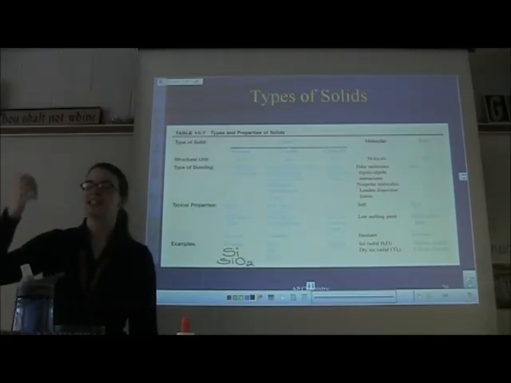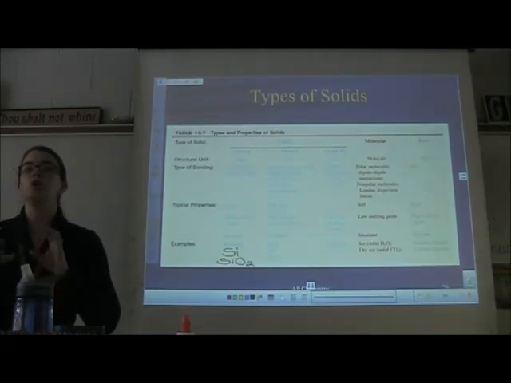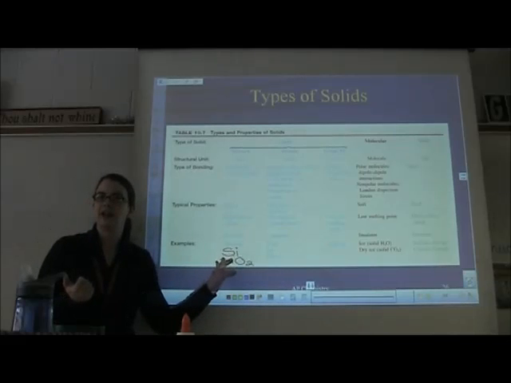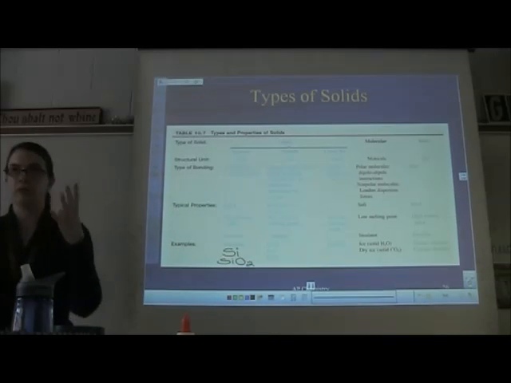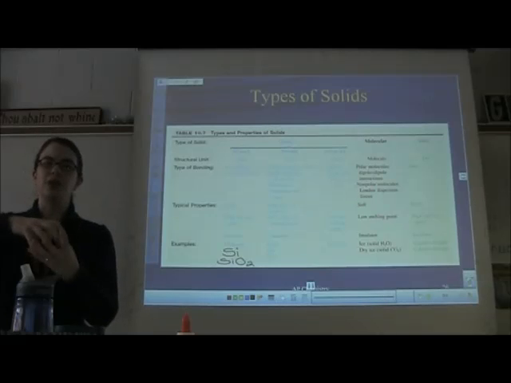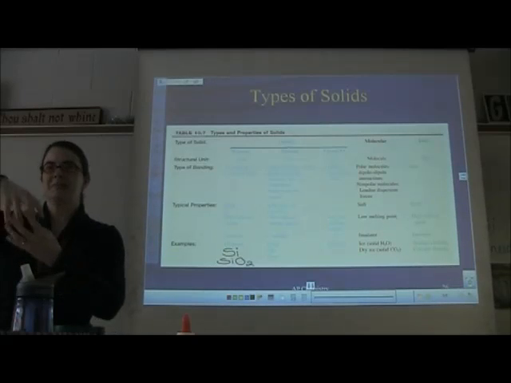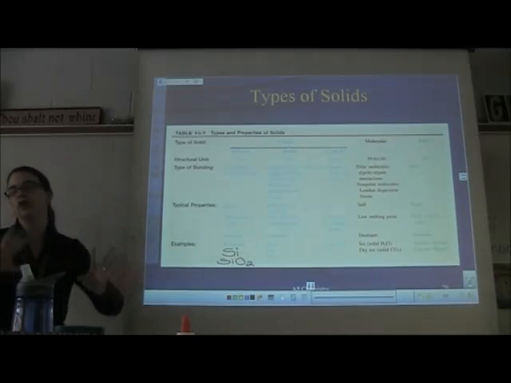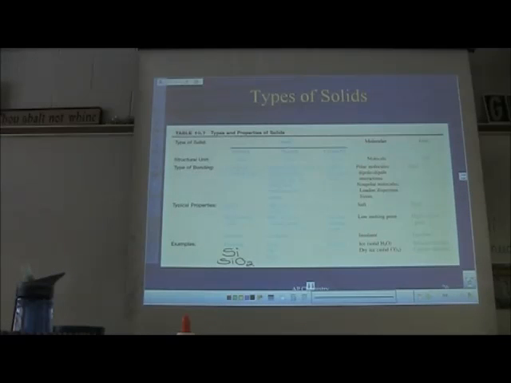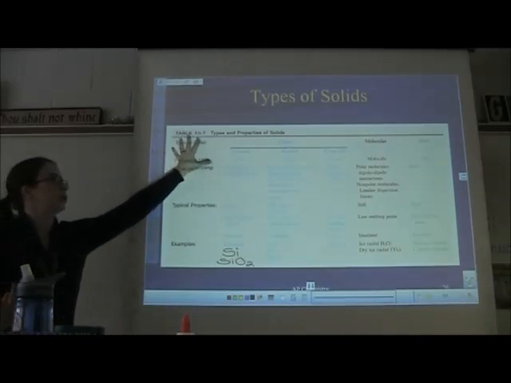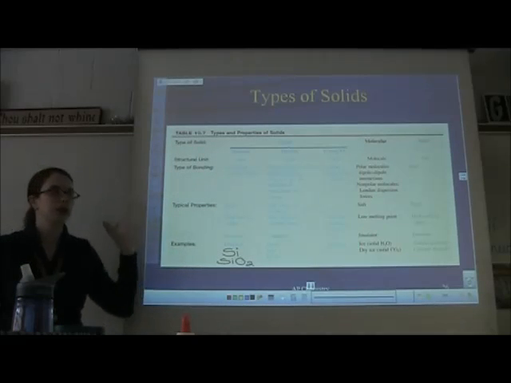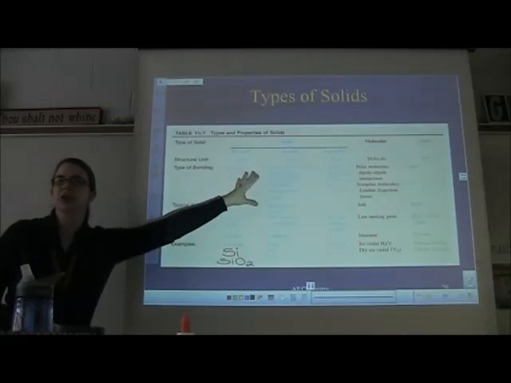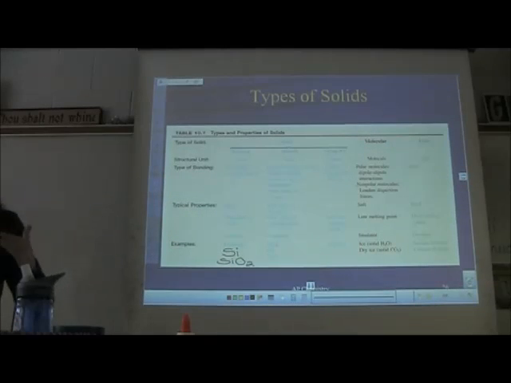A lightning bolt contains enough heat, enough energy to very briefly melt the silicon dioxide, but then it's so quick that it re-solidifies again, and you get these really, really interesting formations. It's sort of like glass. Anyway, you should Google it. It's interesting. So, let me tell you guys, this material is pretty much going to be covered all in multiple choice. There are very few free response questions that are going to ask things to do with this categorization.